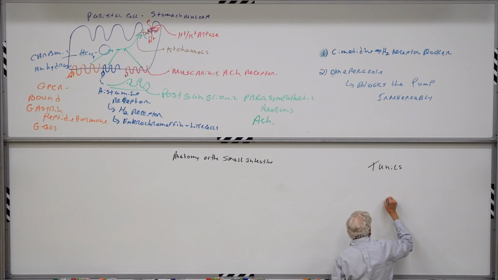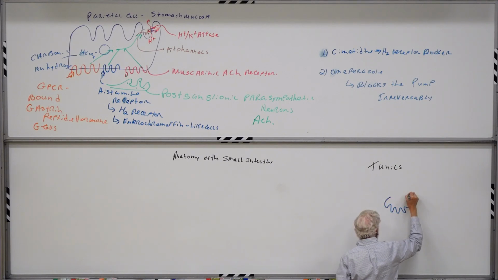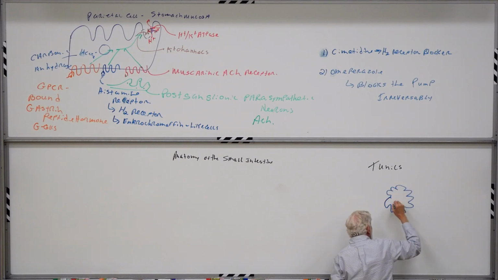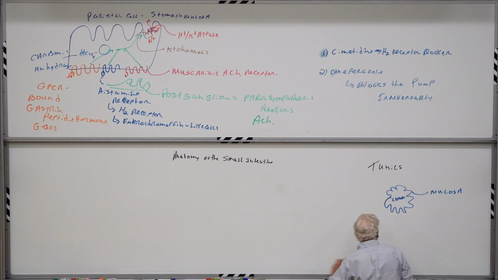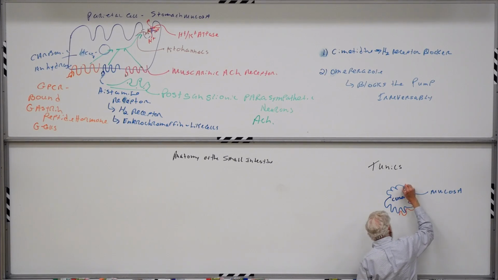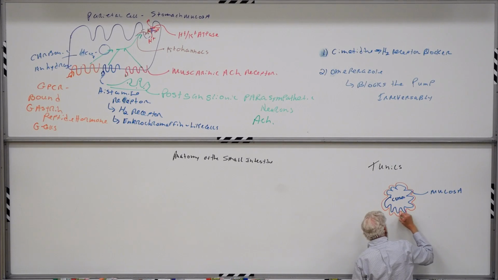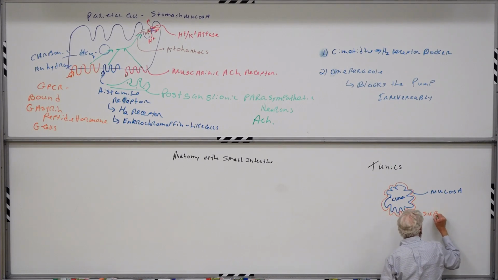So the mucosa itself is thrown into these folds. And this here is meant to be the lumen. This is meant to be the mucosa. Immediately beneath the mucosa will be the submucosa.